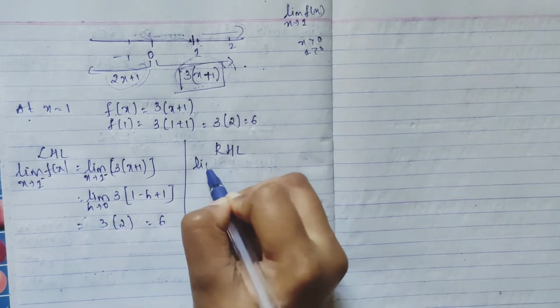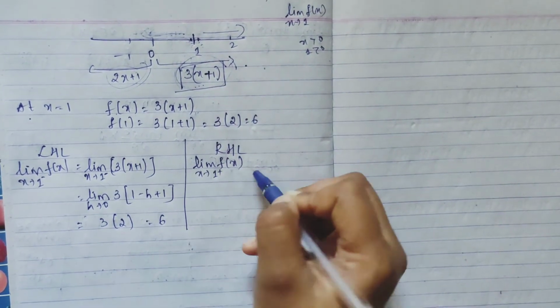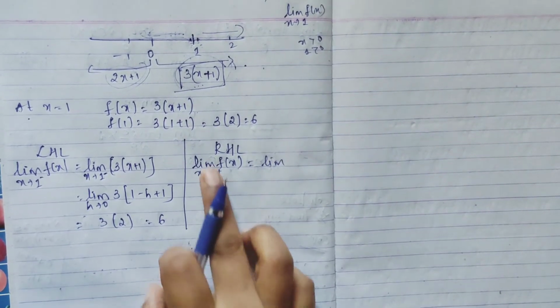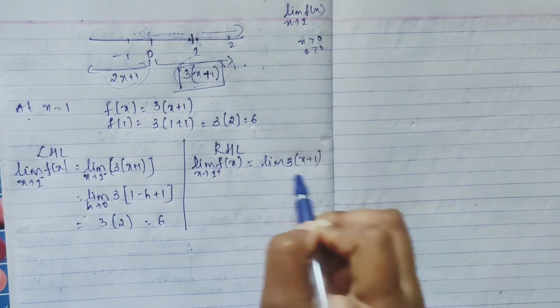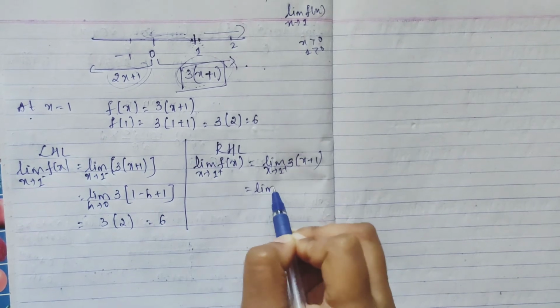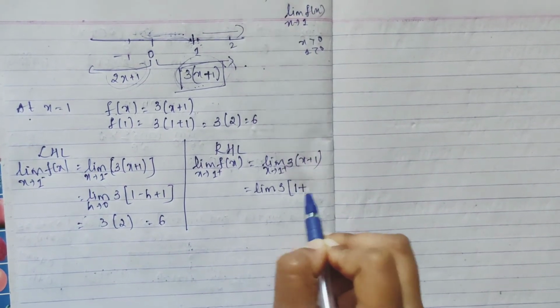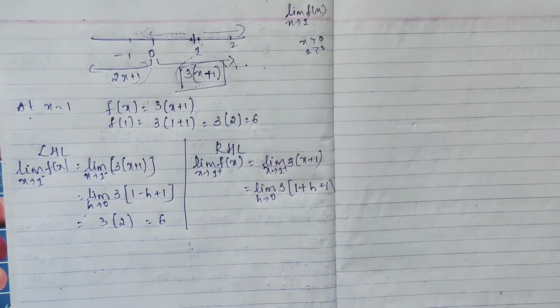Same for RHL, we will do limit f of x as x tends to 1 plus. Here also the function remains the same, 3x plus 1, as x tends to 1 plus. 1 plus means you are adding, so x is replaced by 1 plus h, plus 1, as h tends to 0.